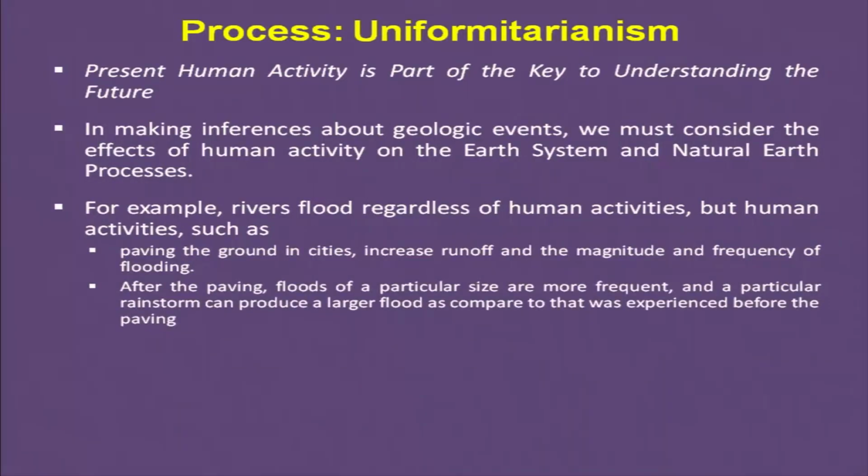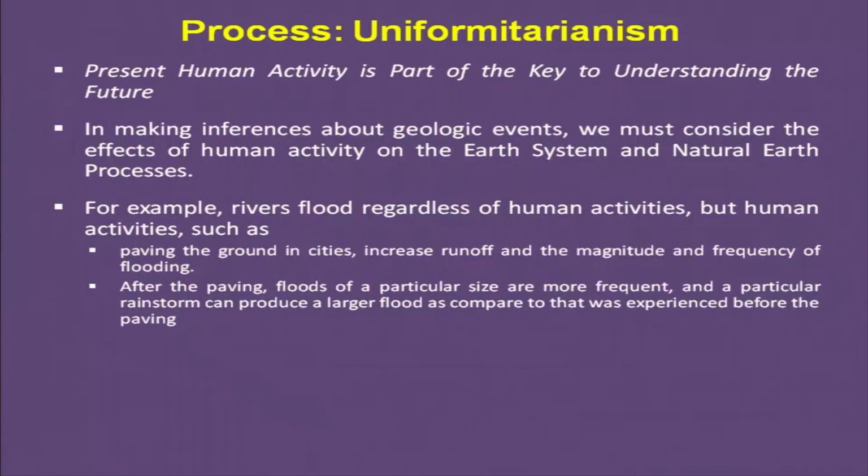So after paving, floods of a particular size are more frequent, and a particular rainstorm can produce a larger flood as compared to what was experienced before the paving. So before paving things were different, and after paving things are different.